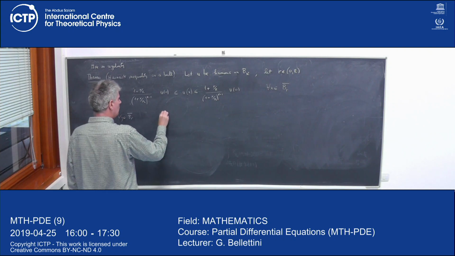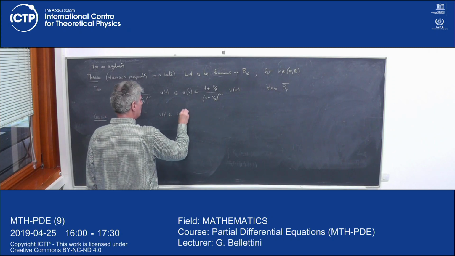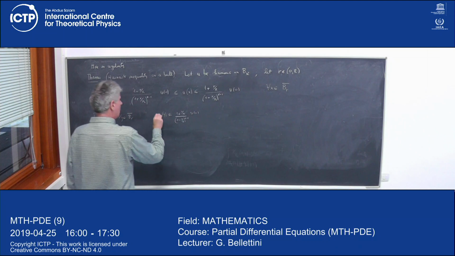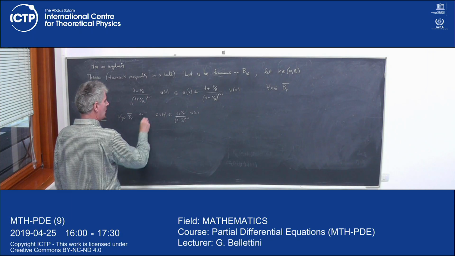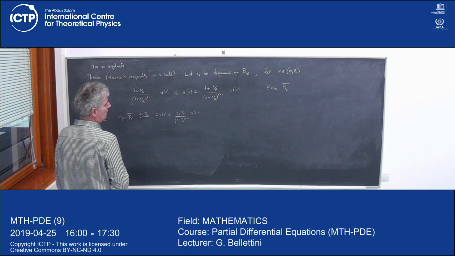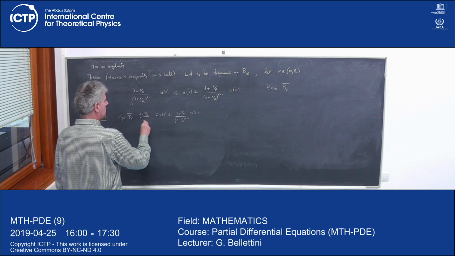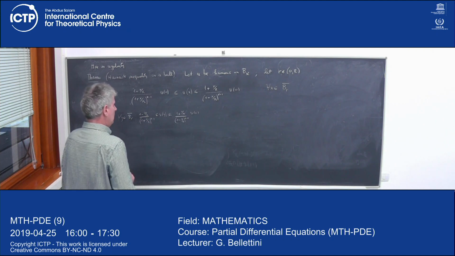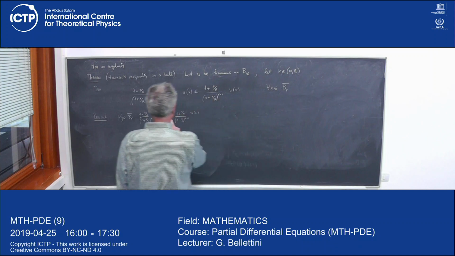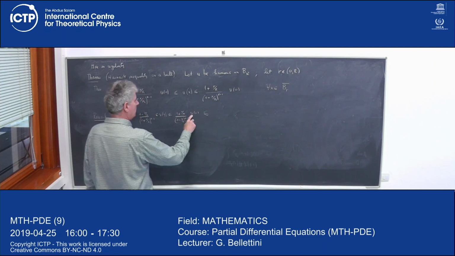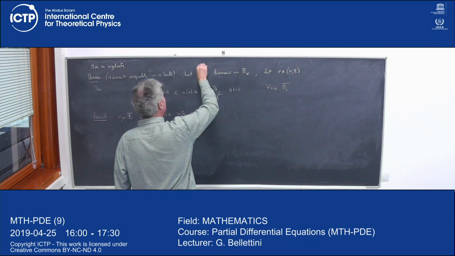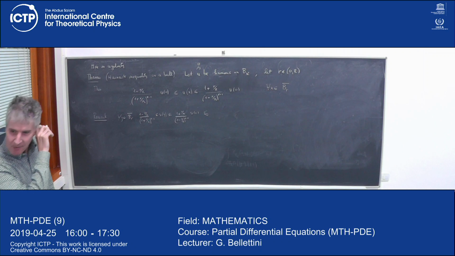You repeat it, so u(y) is less than or equal to the same, and u(0) over u(x) is larger or equal than (1 minus r over R) over (1 plus r over R). The fundamental assumption that I forgot is that u be a non-negative harmonic function.